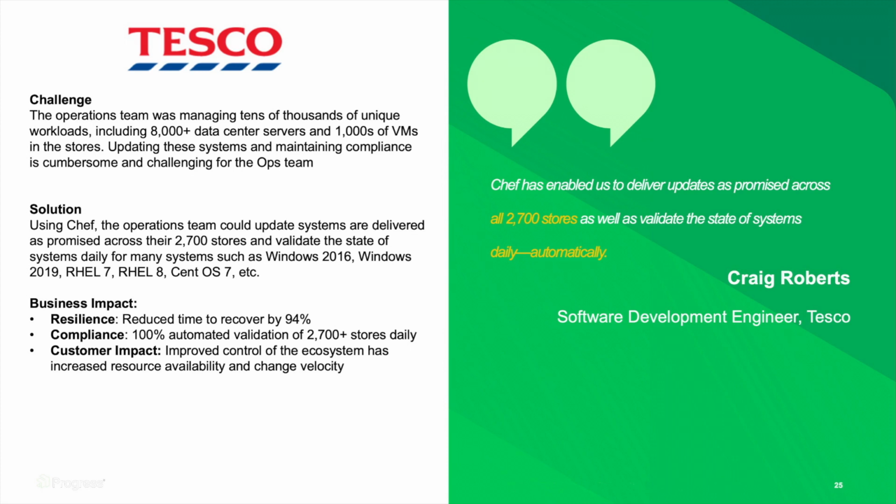And they also had a challenge in adhering to a wide variety of compliance standards across their infrastructure. So with the help of our Chef compliance and Chef infra product lines, they managed to tackle all the challenges of updating their systems and having appropriate compliance on their nodes immediately.